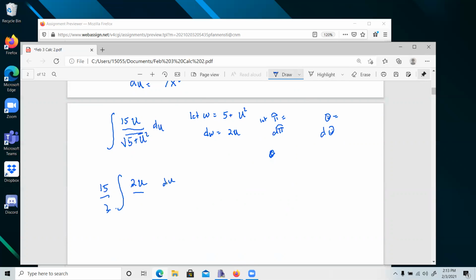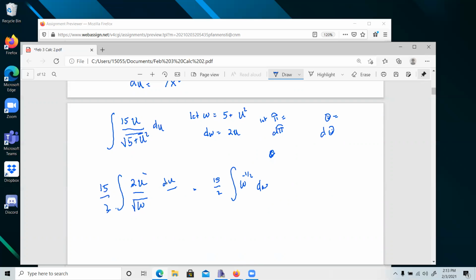Okay, and then I've got over w, the square root of w, right? So here's my dw, is 2u du, right? So this is 15 halves. I've got integral w to the negative 1/2 dw, because that's my 2u du, right?